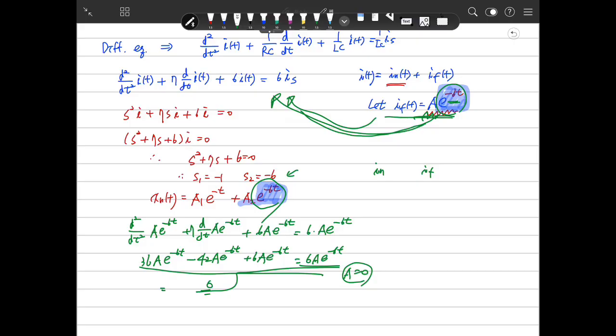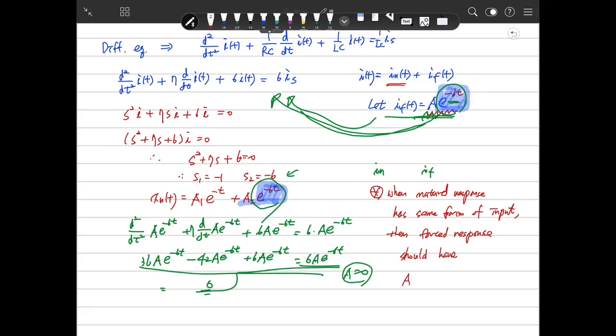Then in this case, what should we do? In this case, when the natural response has the same form as the input, then the forced response should have A t exponential minus 6t.